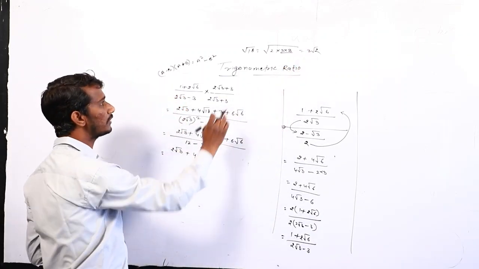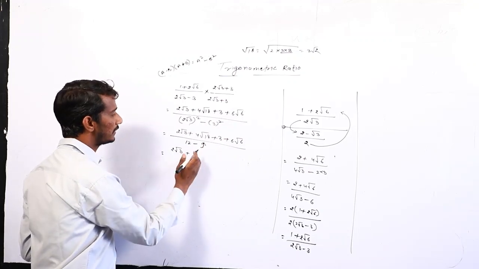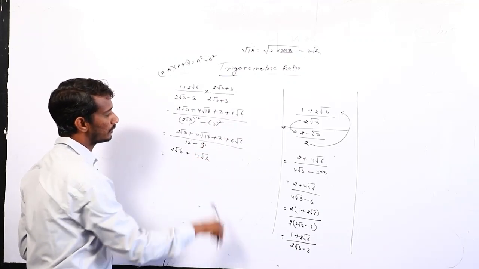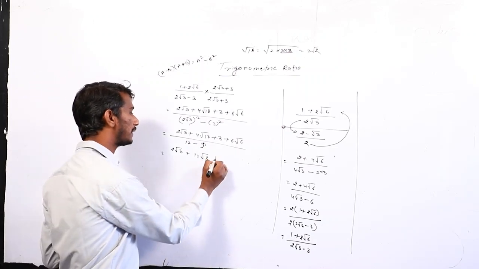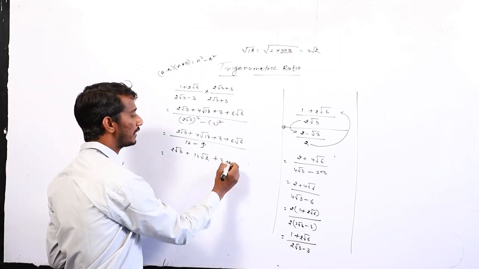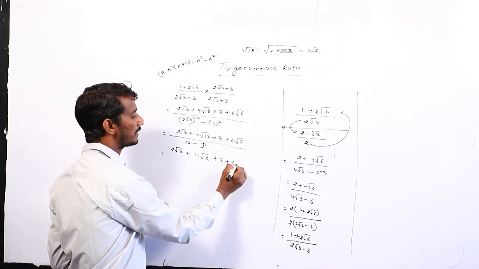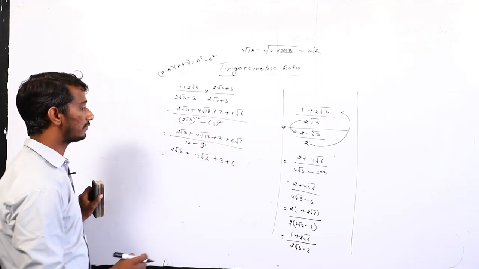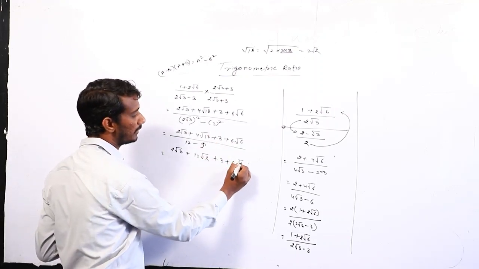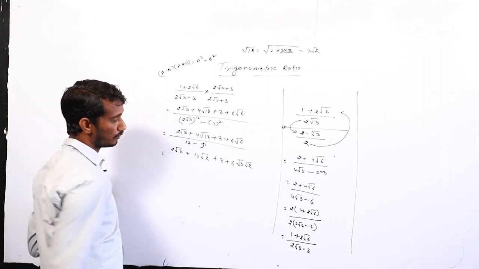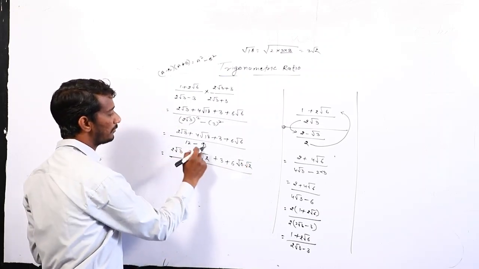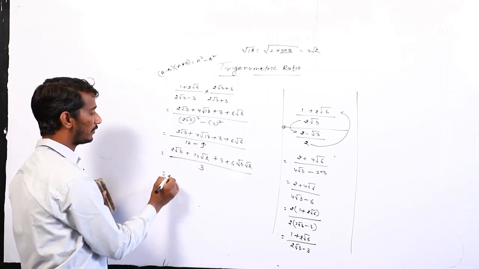So the product of 4 and 3 is 12 root 2. Okay. Next plus 3 and now same, 6 root 6. Root 6 can be written in the form of root 3 and root 2 upon 12 minus 9, 3. Okay.